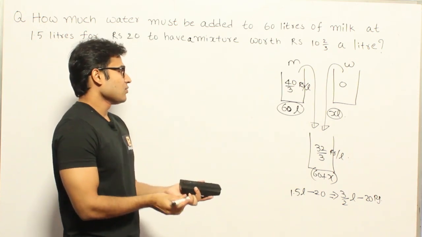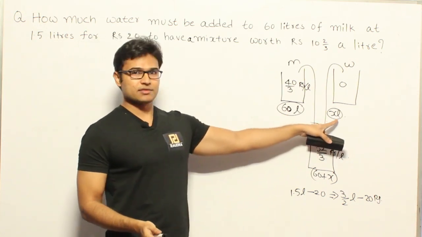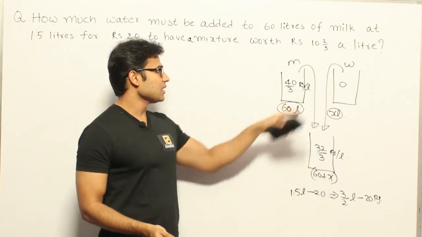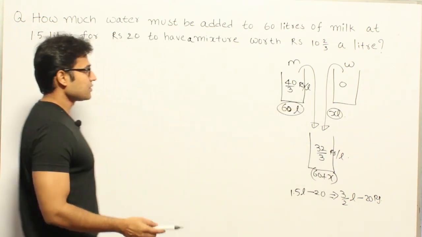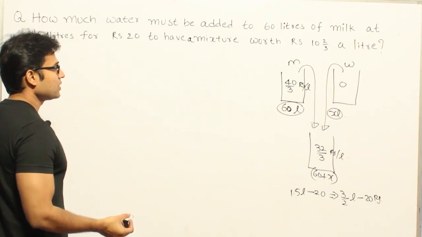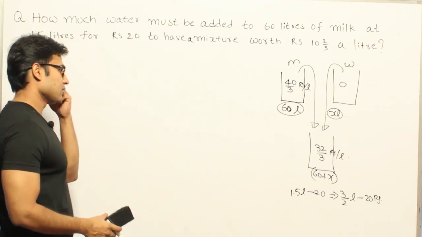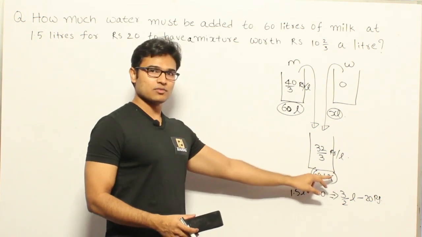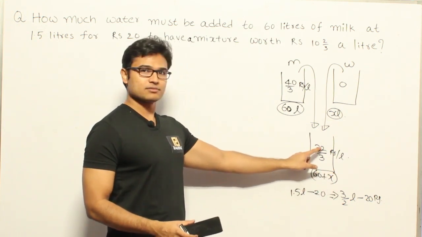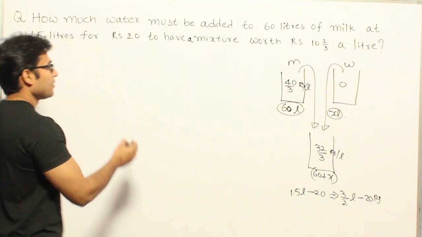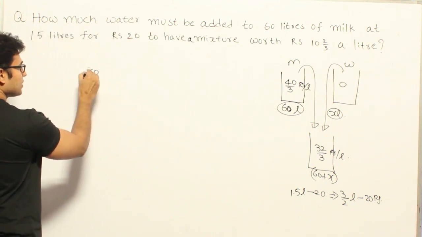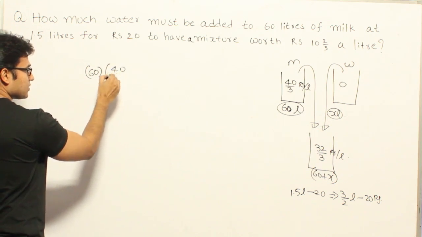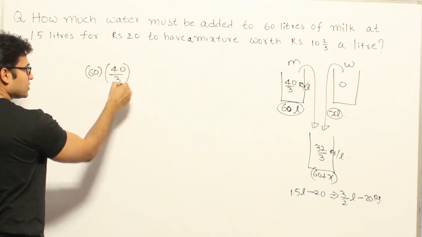Got it? Now 60 liters and x liters are mixed, and we are getting 60 plus x liters with this cost. So how to understand this: what is the overall cost? See, finally the overall cost divided by overall volume is going to be this one. Now 60 liters of milk is costing us 40/3 rupees per liter.